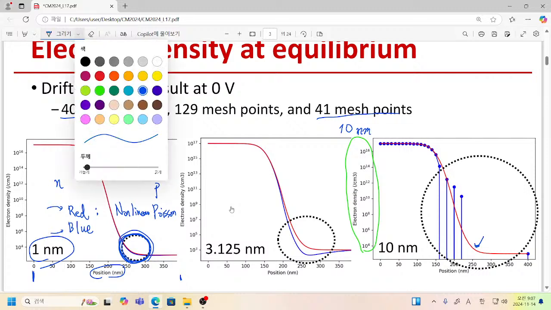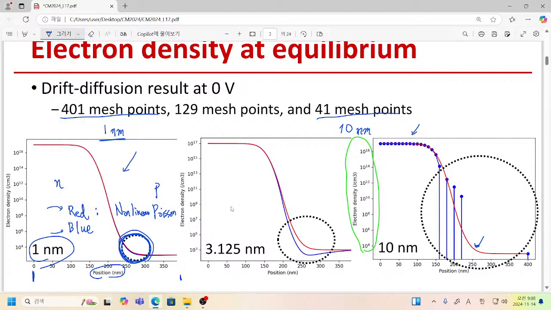Okay, so maybe you think in this way: with 10 nanometer spacing we have just 40 points, which seems to be a low number, so maybe we can live with 1 nanometer spacing forever. But please think about this case.